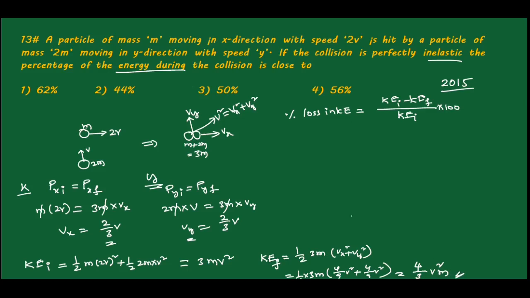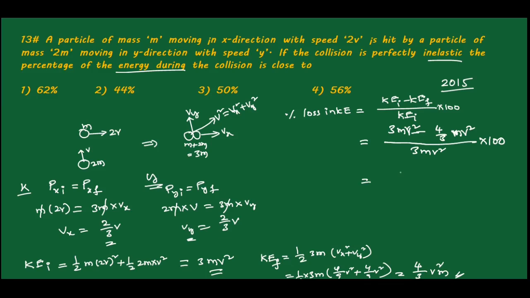Now take this kinetic energy initial and kinetic energy final and substitute in this case. Initially it is 3mv^2 minus the final kinetic energy 4 by 3 mv^2, divided by the kinetic energy initially, 3mv^2, into 100.